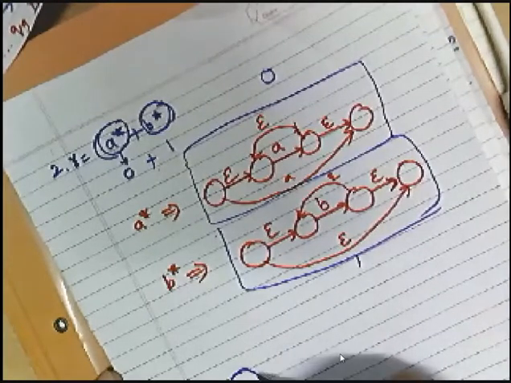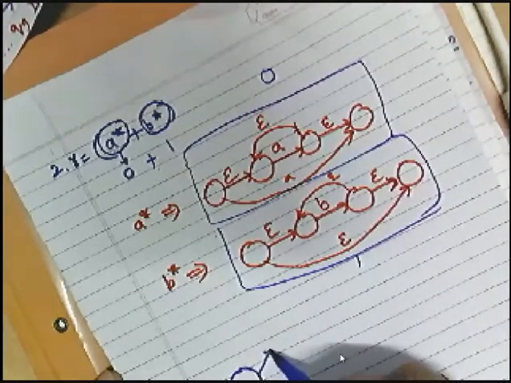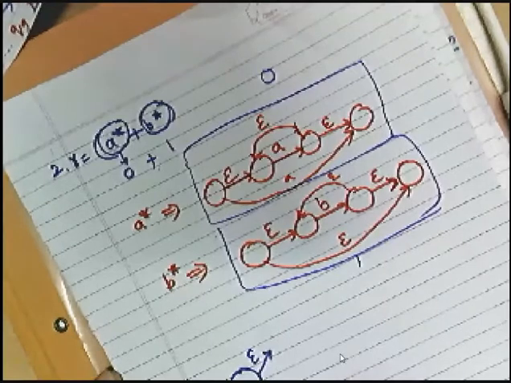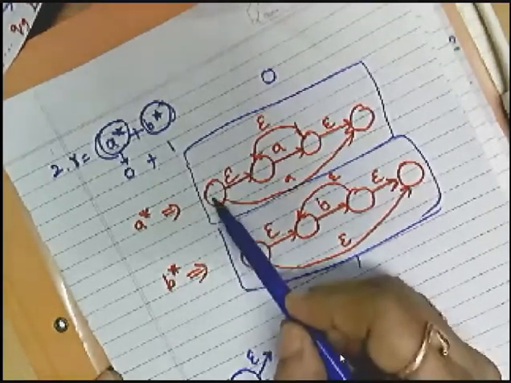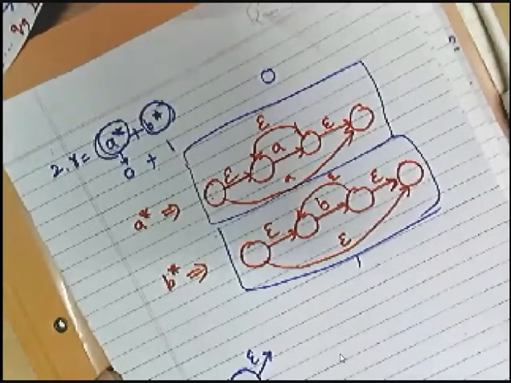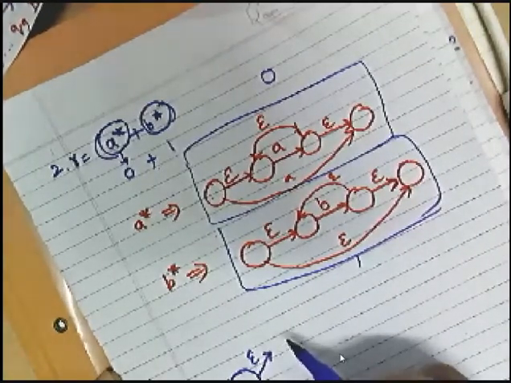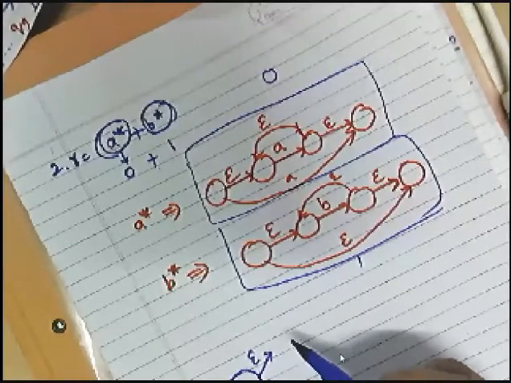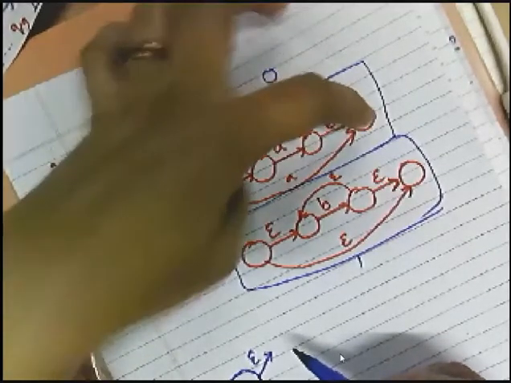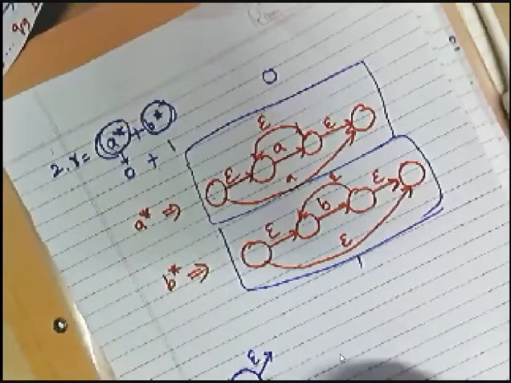So it will be like this, epsilon move, epsilon move. Now these states correspond to the parallel path A plus B.